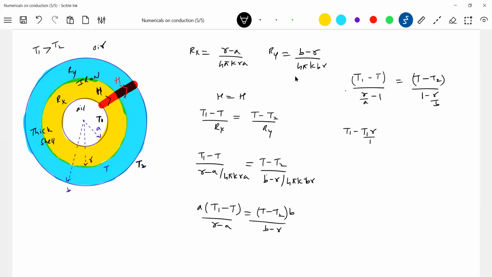T1 minus T1 r by b minus T plus T r by b is equal to T r by a minus T2 r by a minus T plus T2. Solving for T will get the required answer. Okay, bringing all the T terms on one side.